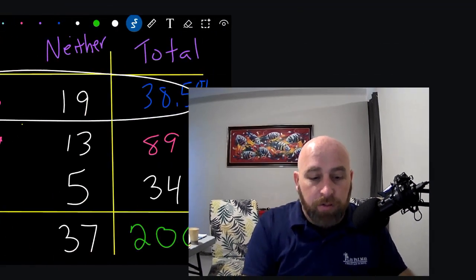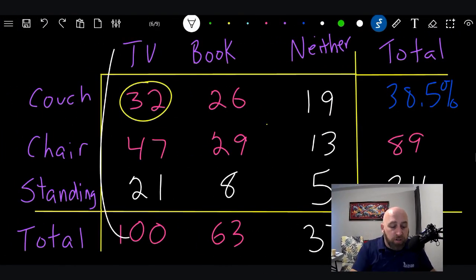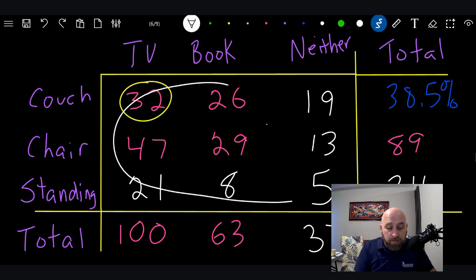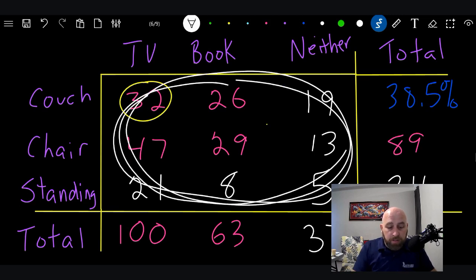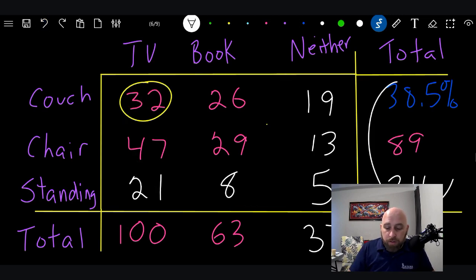So you're just doing, for instance, couch, okay? Or you're just doing TV. Those are row and column. Those are conditional. Then you could do relative joint frequencies, which are these ones here in the middle, or you could do marginal frequencies, which are these ones here in the margin. And it's all based on putting it over the total and then doing the division, and you get a percent or a decimal out of it.